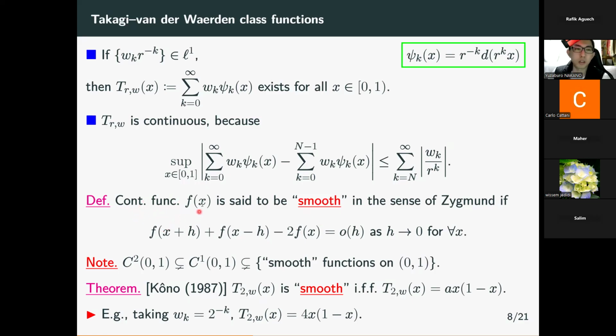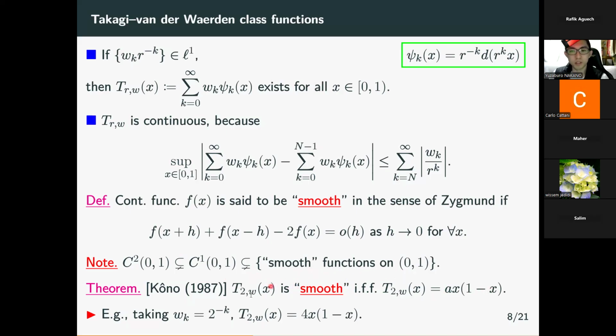For example, smoothness is the problem. A continuous function f is said to be smooth in the sense of Zygmund if the second order difference is small-o of h for fixed x. Then Kono proved that T^2_W is smooth if and only if T^2_W is a parabola.